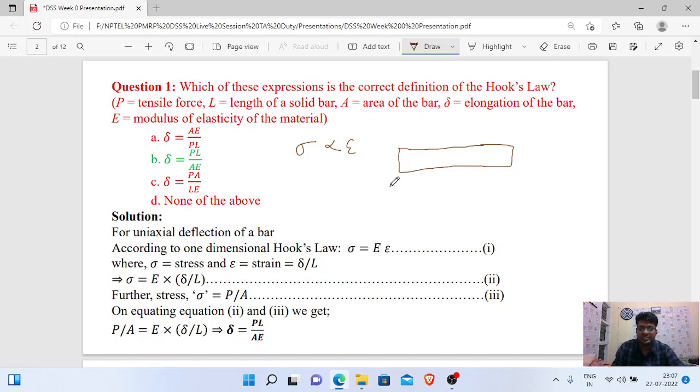So this is the bar, and this is the length of the bar, which we indicate as L. Now when we axially apply a tensile force on this, the length will increase.